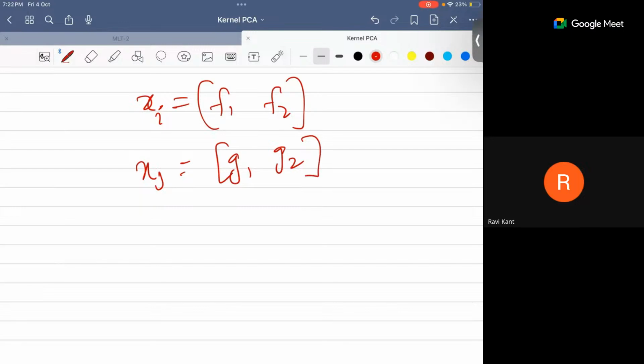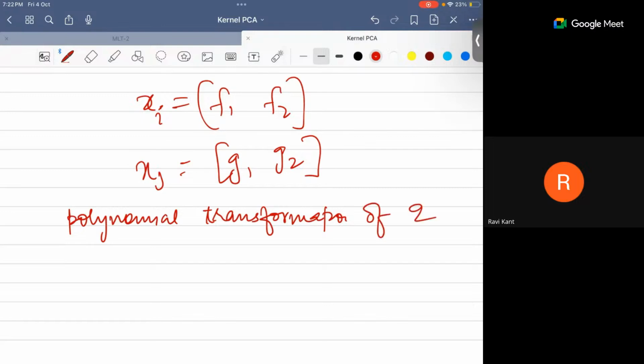You are dealing with a polynomial transformation of two features of degree 2. So here we'll be taking p equals 2, right?